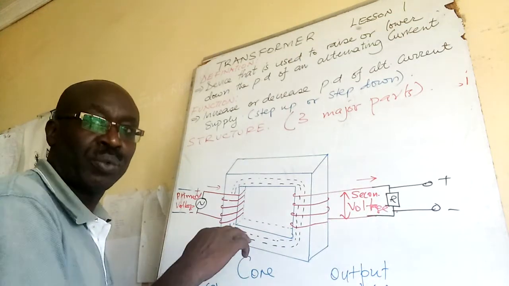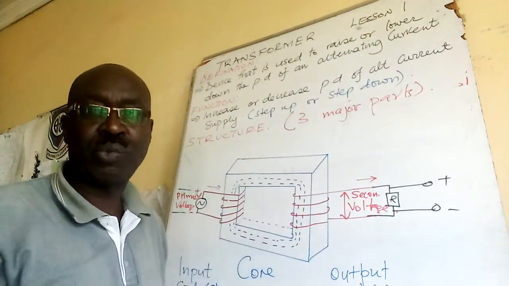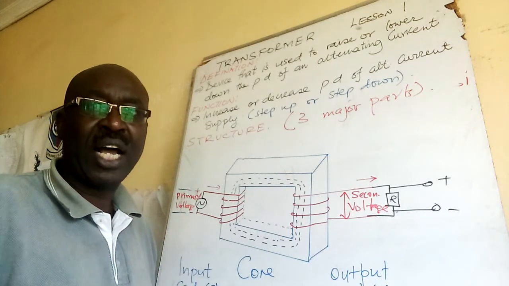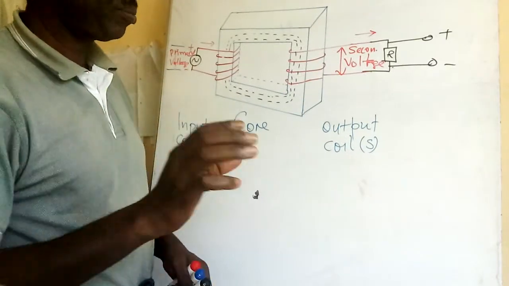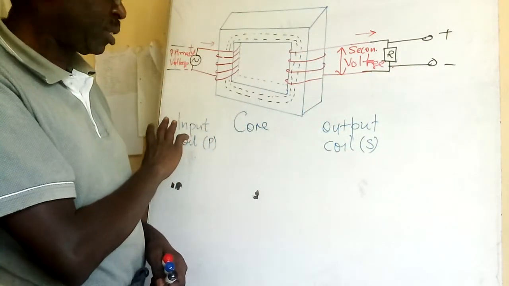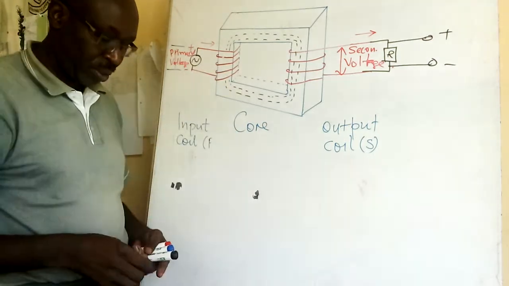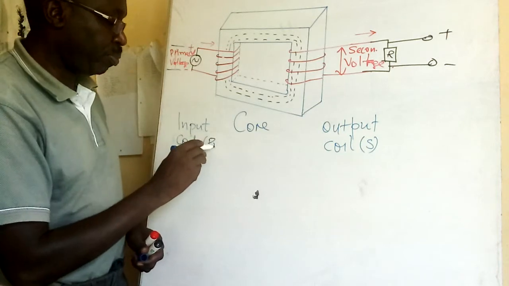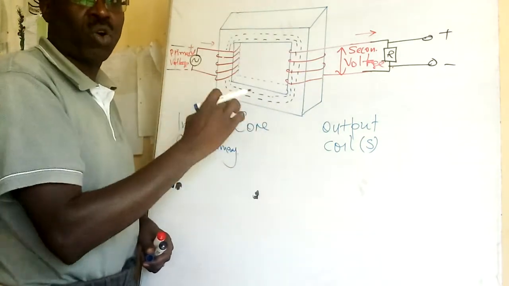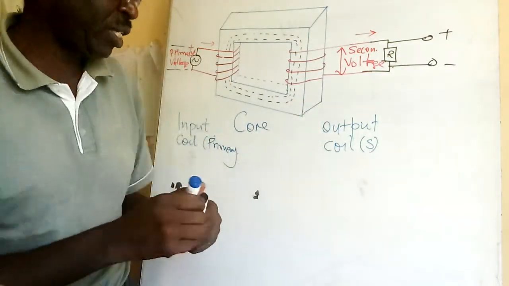Okay, so we are going to see how you can make it more or how you can make it decrease. So that is what we have, the major parts. The input part, which we call primary. This is the primary side. Then we have the core, and then we have the secondary side.